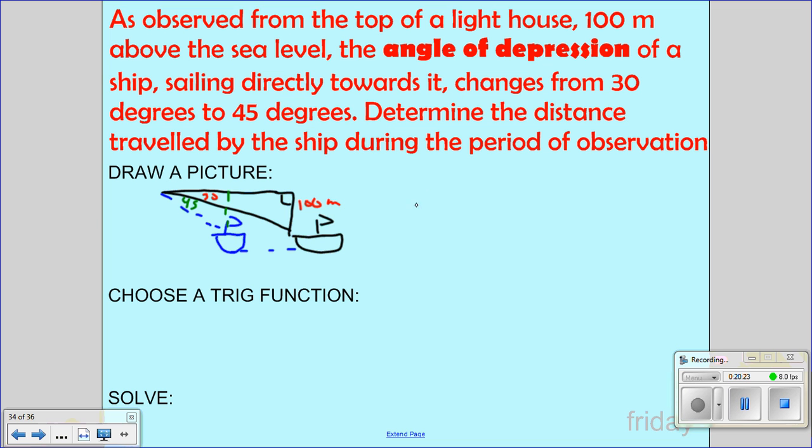So at the end of the day, you're going to have two triangles, right? One where it is 30 and this is 100. The other one where it is 45 and this is still 100.